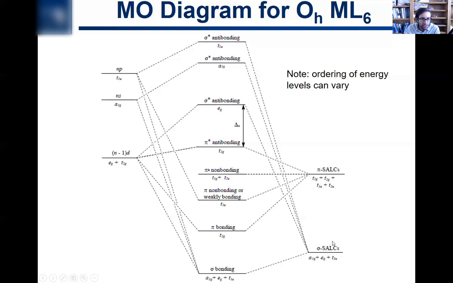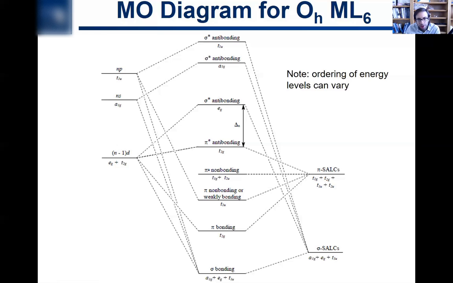Something like cyanide or CO is a pi accepting ligand, and that's a strong field ligand. Because it's a strong field ligand, it's going to have a very large delta O. And because it's a pi accepting ligand, electrons are going to come in from the metal and fill those high-lying pi star antibonding orbitals on the ligand.